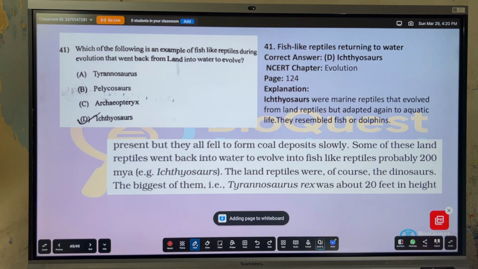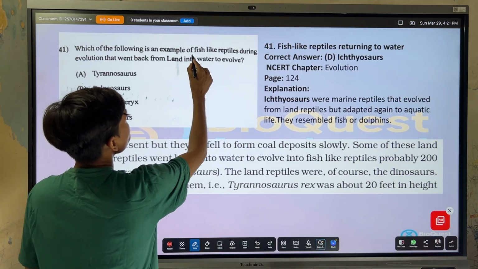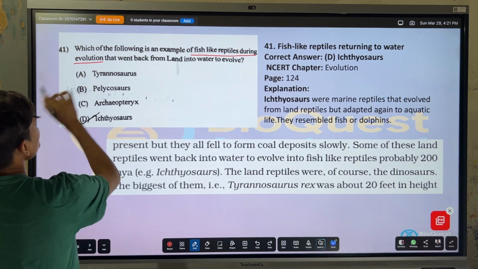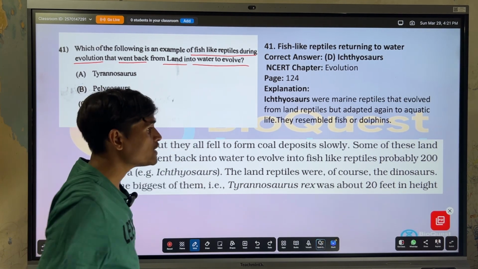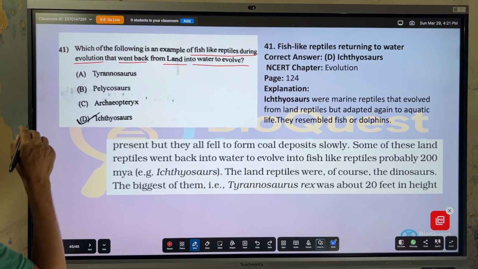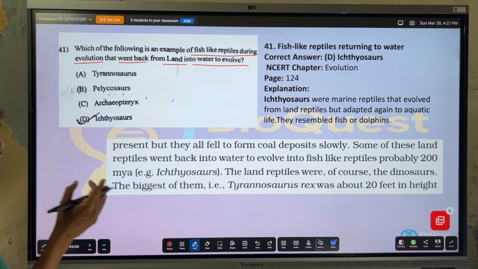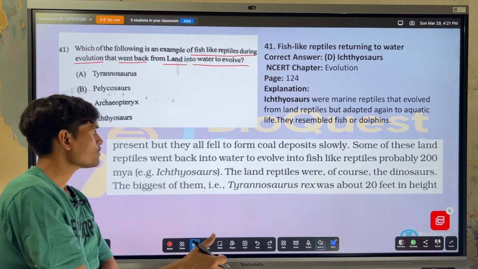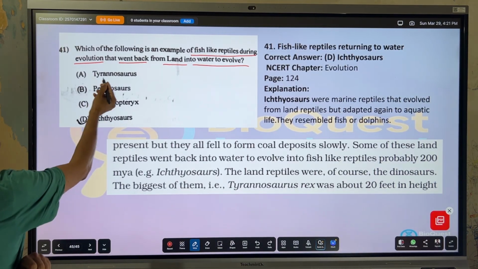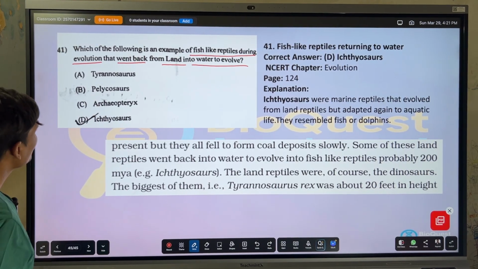Now next is question 41. Which of the following is an example of the fish-like reptiles that, during evolution, went back from land into water to evolve? Went back from land into water means the fish came out of the water, then again went back. So what is that example? Tyrannosaurus, Talicosaurus, Archaeopteryx and Ichthyosaurus.